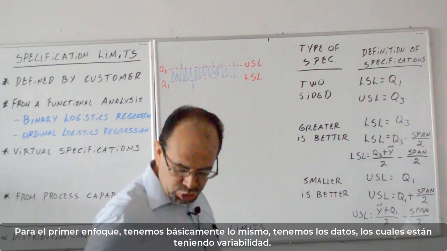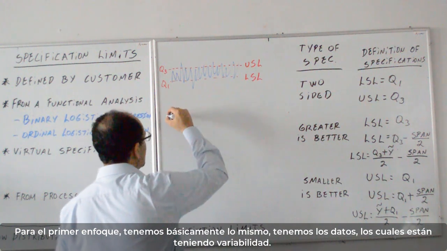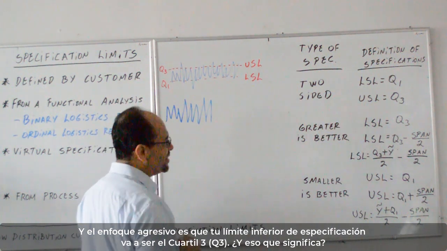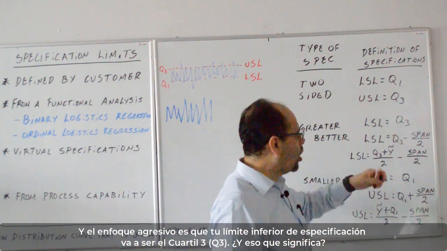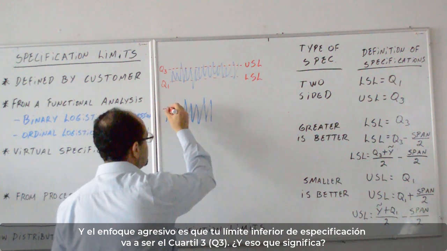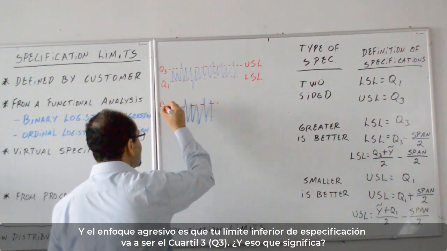For the first approach, well, basically you are having the same thing. You are having your data, which is having some variability in there. And the aggressive approach is that your lower specification limit is going to be quartile 3, which is this one. This value is quartile 3. And what does that mean?